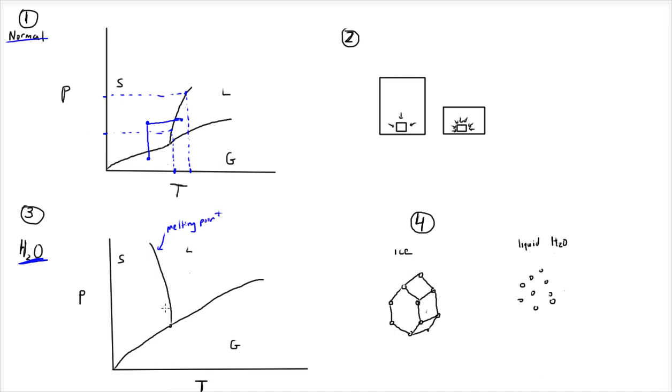And the reason for that is, what this is saying is that I could go from a solid to a liquid by increasing the pressure, which is weird, right? I'm squishing them closer together and it's becoming a liquid from a solid. That's weird. And the reason for that, if we look at figure 4, is that it just so happens that the crystalline structure for ice is more spaced out than the molecules in the liquid water.